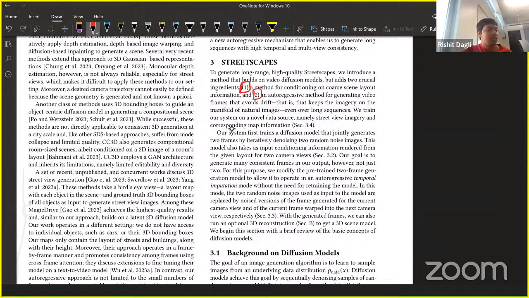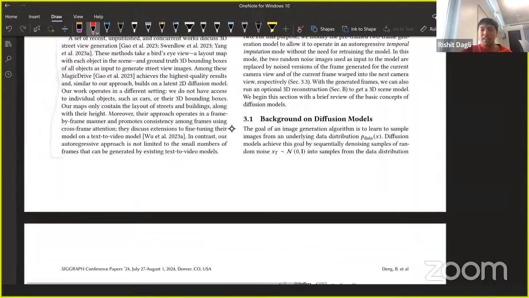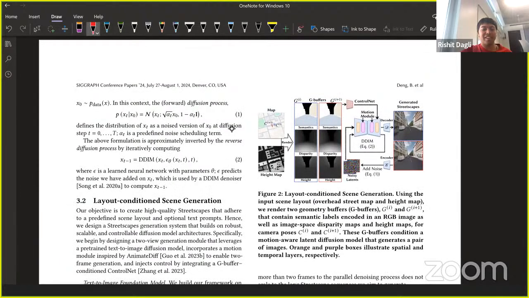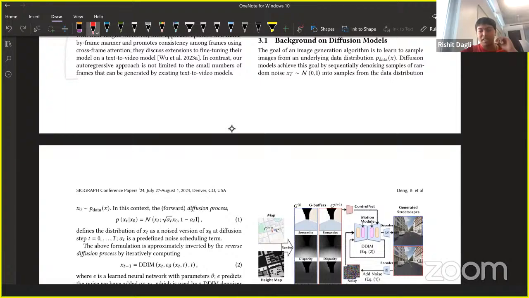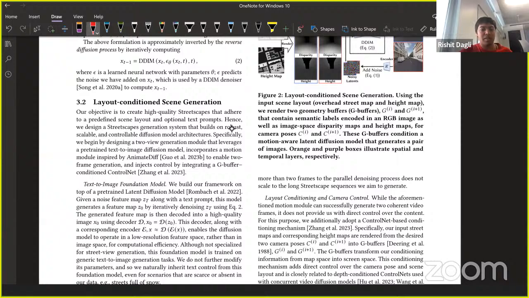These are both the things they roughly talk about on a high level. They start with a background on diffusion models, but I think we can probably skip that, because it's not something new in this paper.